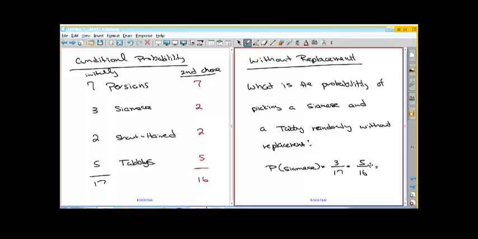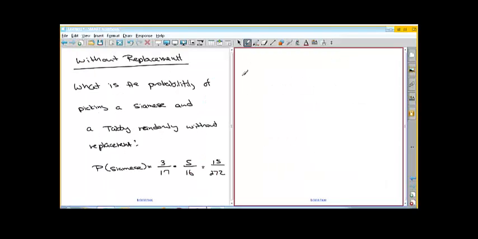I think you just have to multiply them out. 3 times 5 is 15. 17 times 16 is 272. And you can't simplify that any. Okay, so that's it.